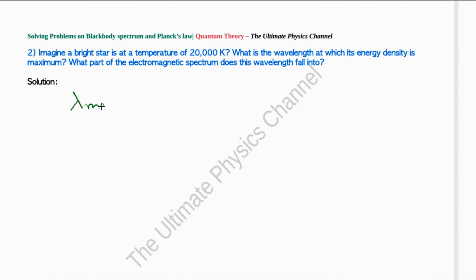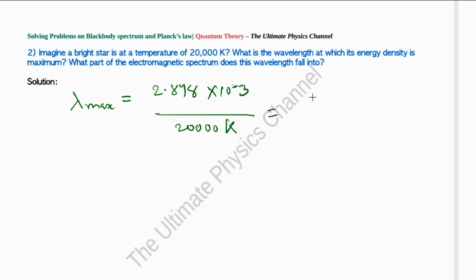Lambda max is being asked, and that is equal to Wien's constant, 2.898 times 10 power minus 3 over the temperature, which is 20,000 Kelvin.